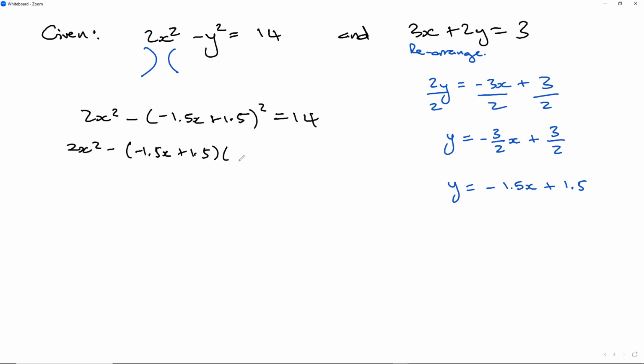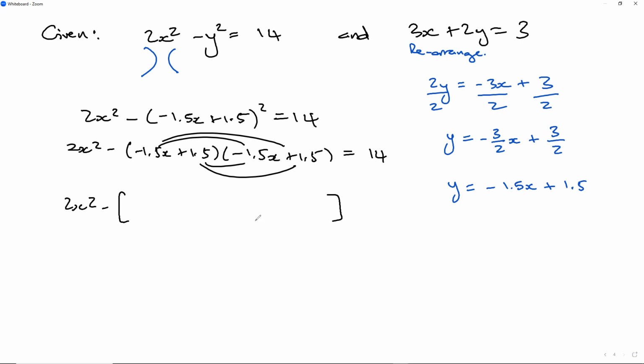Here I am multiplying the bracket by itself, so I can use FOIL. What is 1.5 multiplied by itself? 2.25. So this will become 2x squared minus, let's keep all of this in a bracket and we'll take the negative in last.